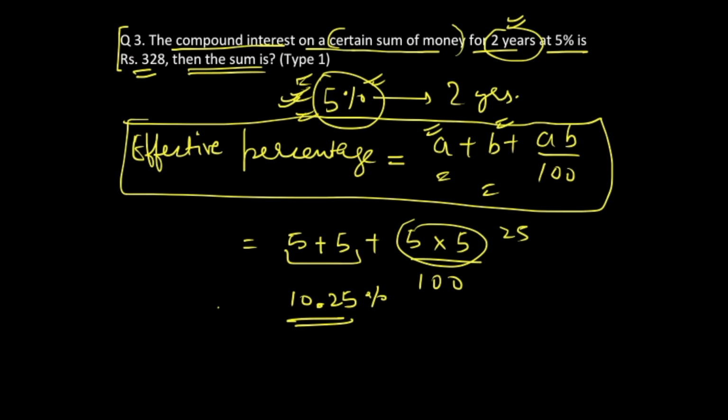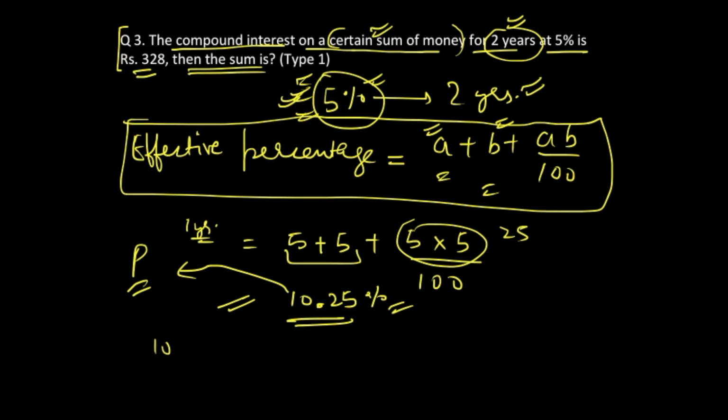So this is your effective rate of interest, right? You can apply this on the principal, that is the sum which we don't know yet, for 1 year. Instead of making it applicable for 2 years, the effective rate for 1 year would give you the same answer.